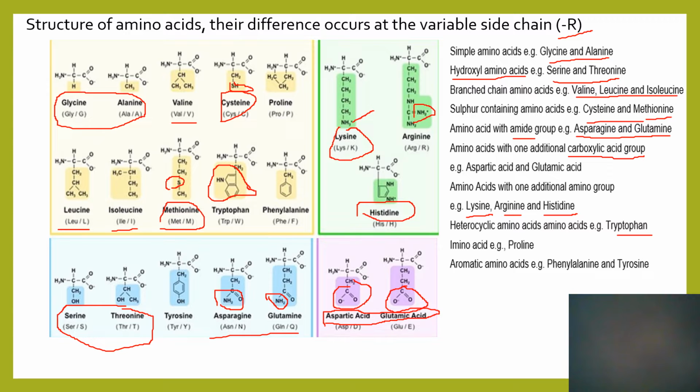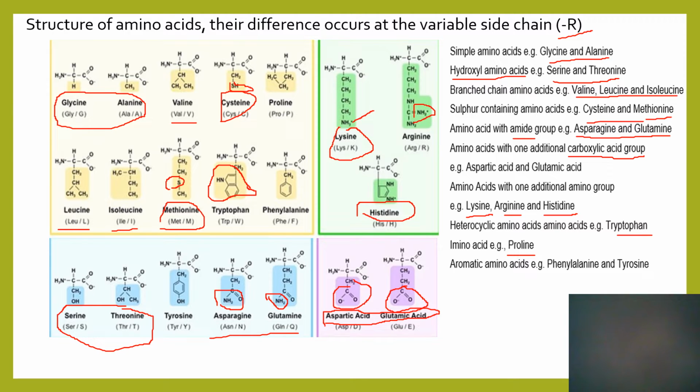Another amino acid which has a special arrangement is proline. Its R chain arrangement, or the variable side chain arrangement, is somehow different from the other amino acids.